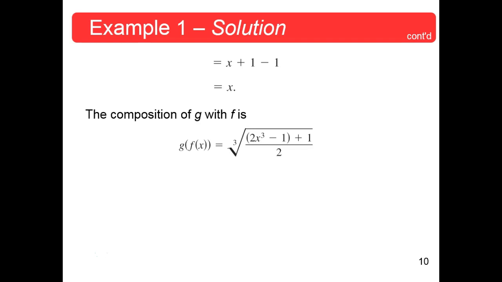Well, 2x cubed minus 1 plus 1, that goes to 2x cubed, divided by 2, and you get the cube root of x cubed, and the cube root of x cubed is precisely x. So here's what they did. First, remove parentheses, combine the minus 1 and plus 1, that goes to 0, then that over that is the cube root of x cubed, and the cube root of x cubed is precisely x. So those are inverse functions of each other.